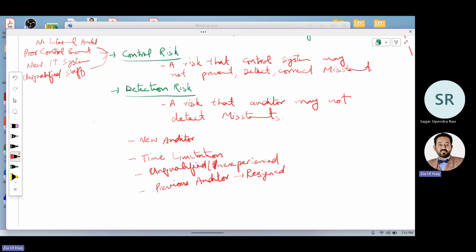So those issues could happen with us in the future. And due to that, we will not be able to detect the misstatement. This will also be called detection risk. Meaning, according to his professional clearance, he was having some clashes with the management. And if those clashes arise with us, we will not be able to detect misstatement. This will be called detection risk.